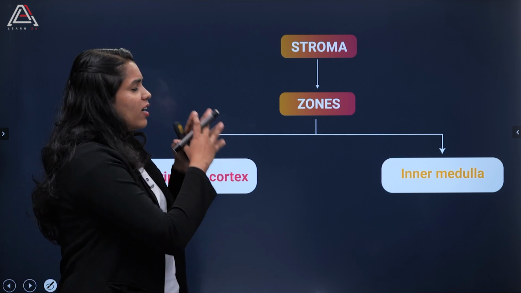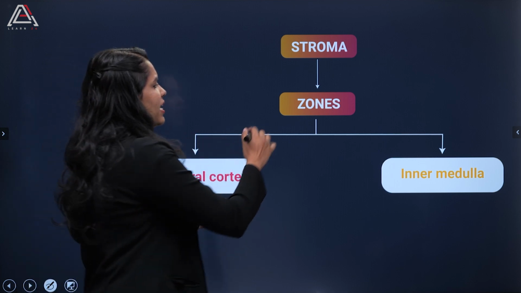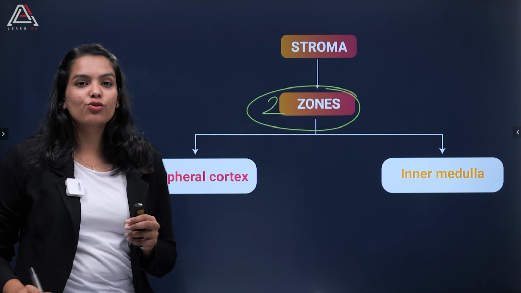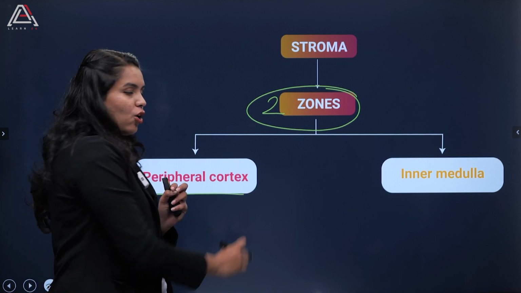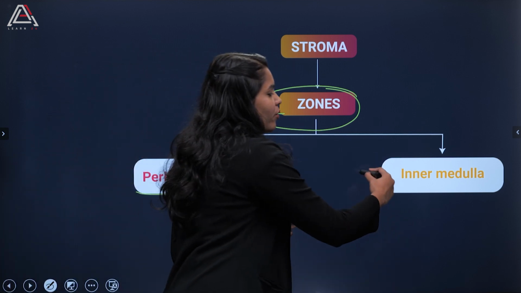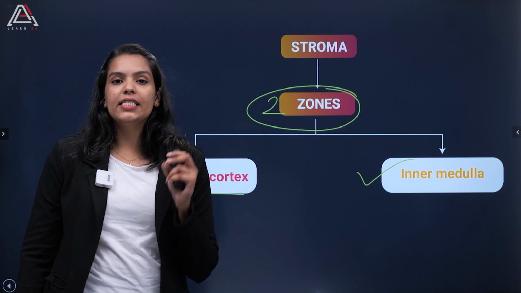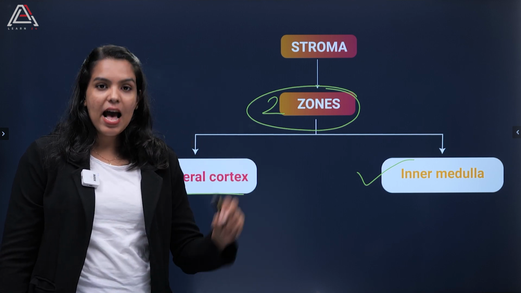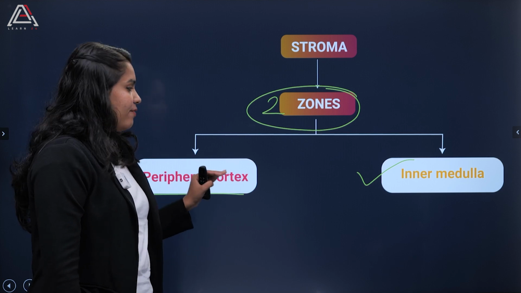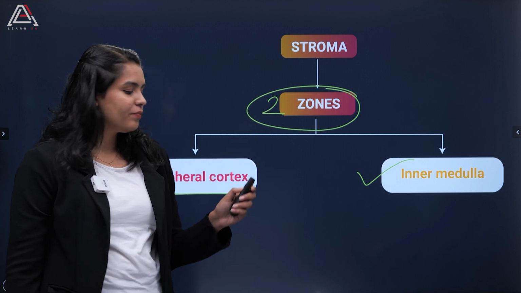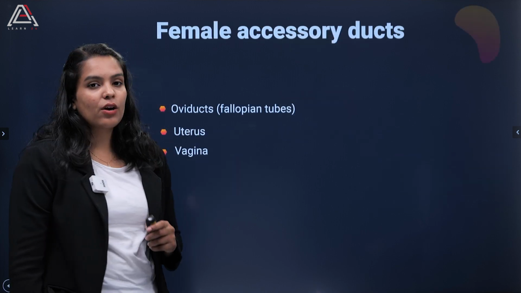This stroma is divided into two zones, which are the peripheral cortex and the inner medulla. So that was our ovary.